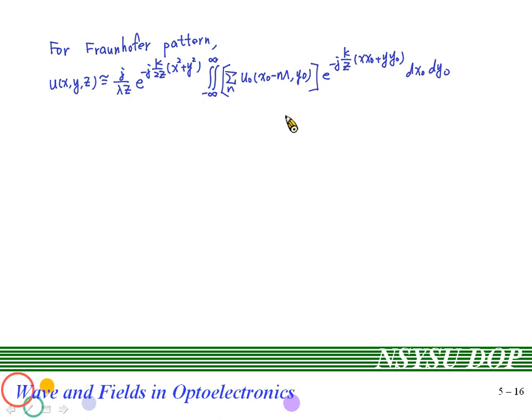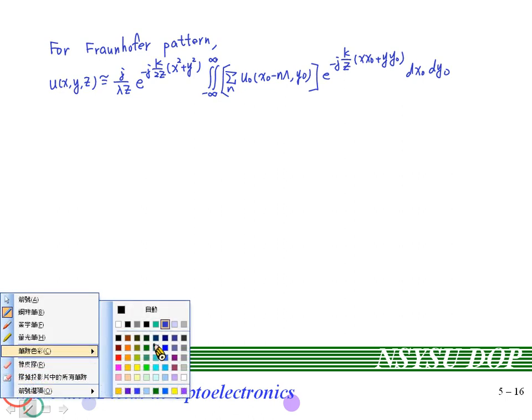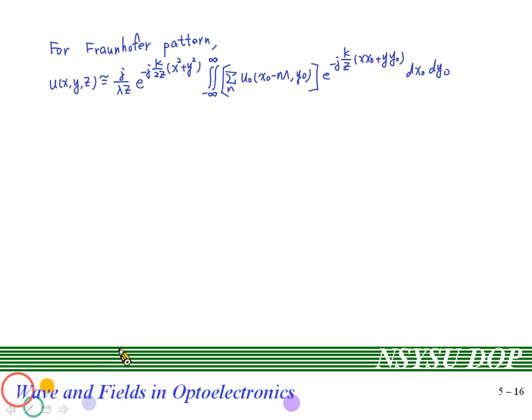We first perform some tricks to simplify this equation. Let's let x0 prime be s0 minus n capital lambda, and we let y0 prime be y0.